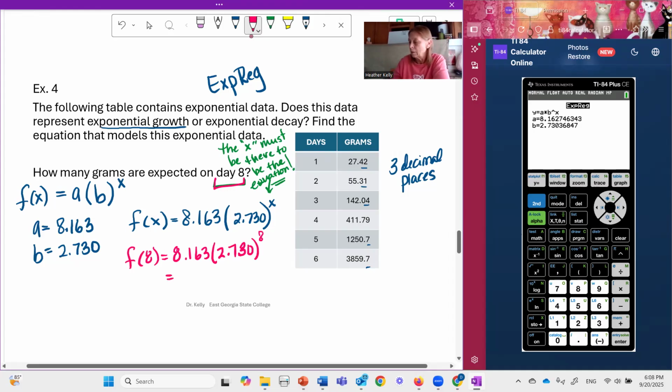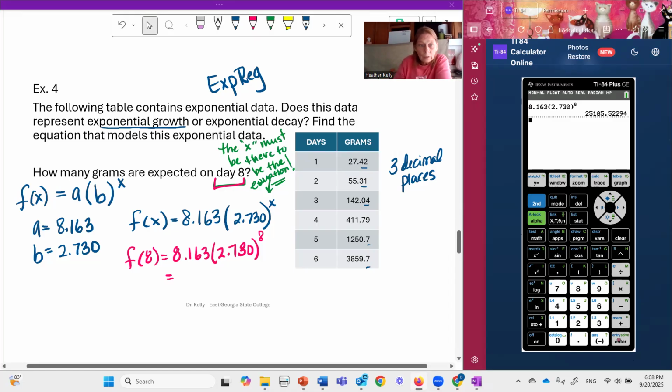And so let's plug that in over here. And so it is 8.163, open parenthesis, 2.730, close parenthesis, to the power of 8, enter.